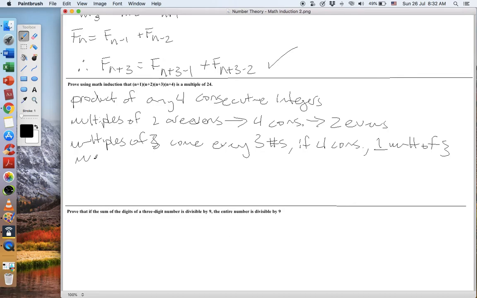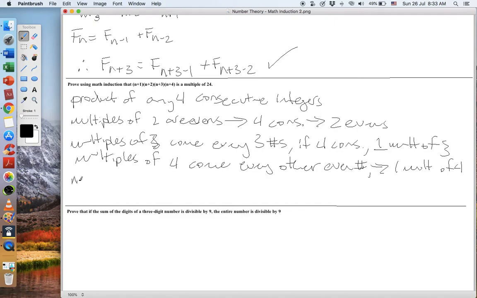And then multiples of 4 come every other even number. And so 4 consecutive numbers has 1 multiple of 4.